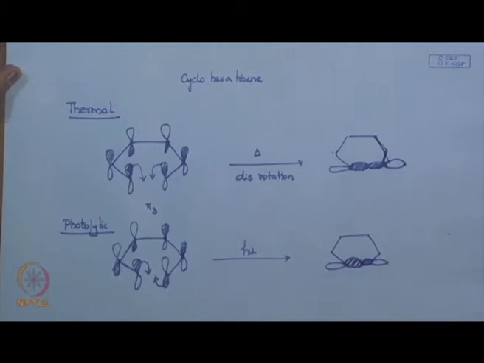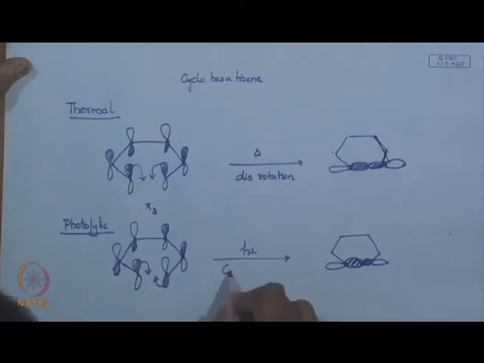So, what happens now? If you look at the direction, one is clockwise, another is also clockwise. So, what we said, clockwise and clockwise is con. Anticlockwise and anticlockwise is also con. If you have a difference, that is clockwise and anticlockwise, then you go for dis. So, this is a con rotation.